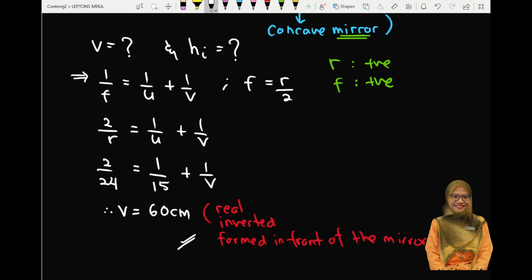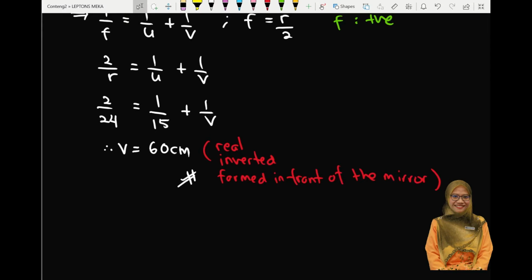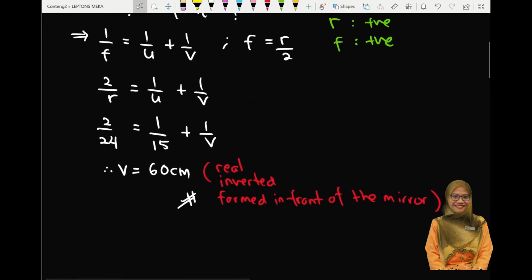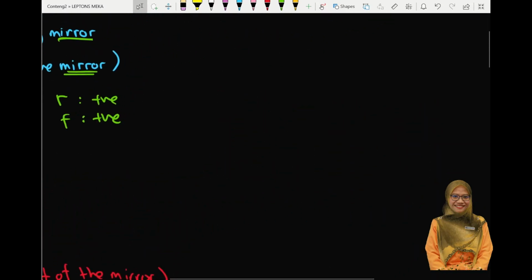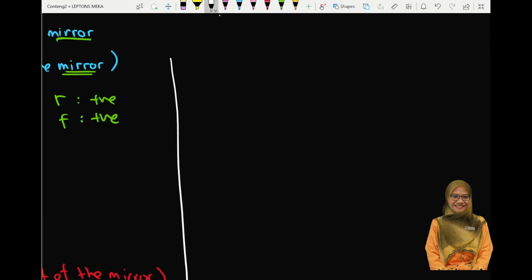Okay, settled for image distance. Now we proceed with the height of the image. To find the height of the image, because you already have the height of the object, you can use the relationship h_i over h_o equals negative v over u. Please do not ignore the negative of the equation.